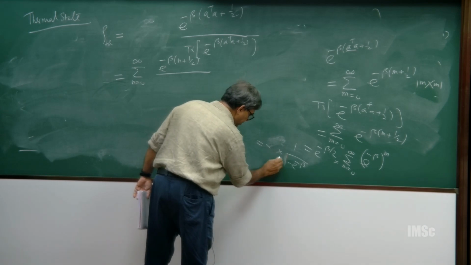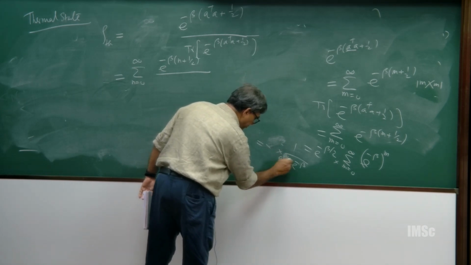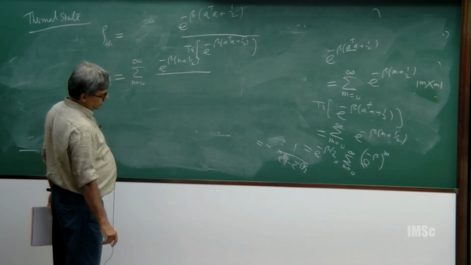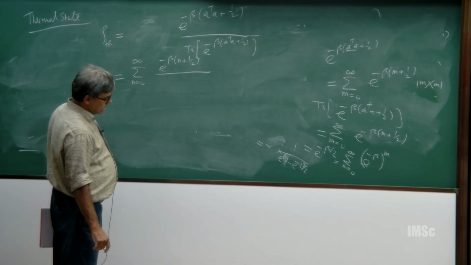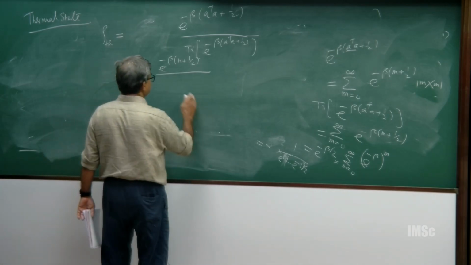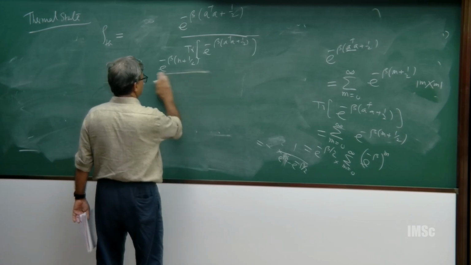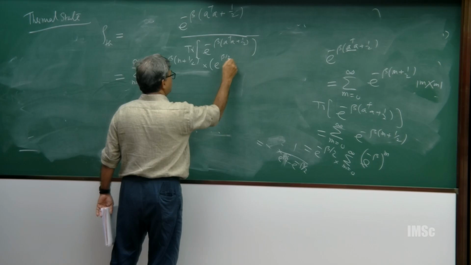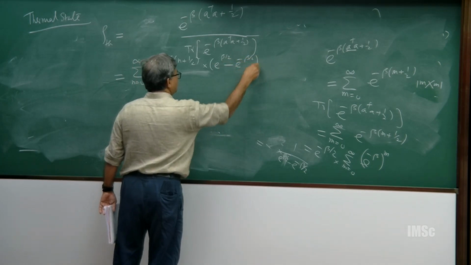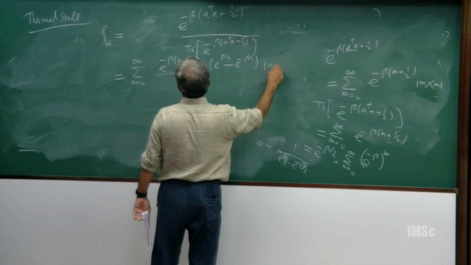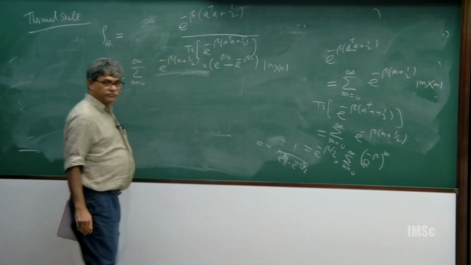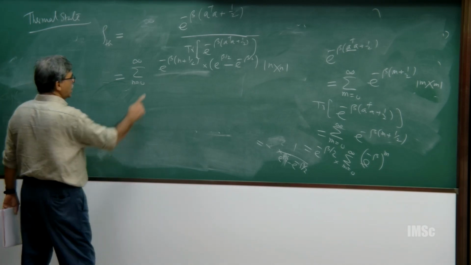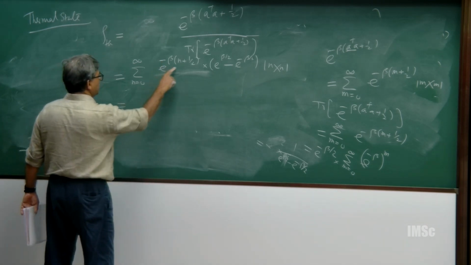So, this is e to the power beta by 2 minus e to the power minus beta by 2, one by this thing. Anyway, it is fine. So, this is one upon this, into e to the power minus beta n. Okay. So, now I will have to multiply by this.